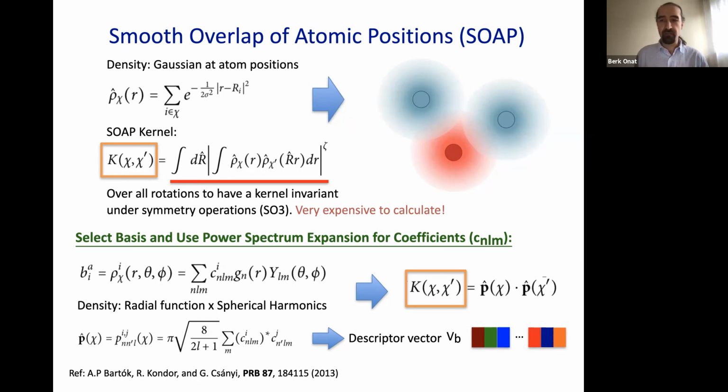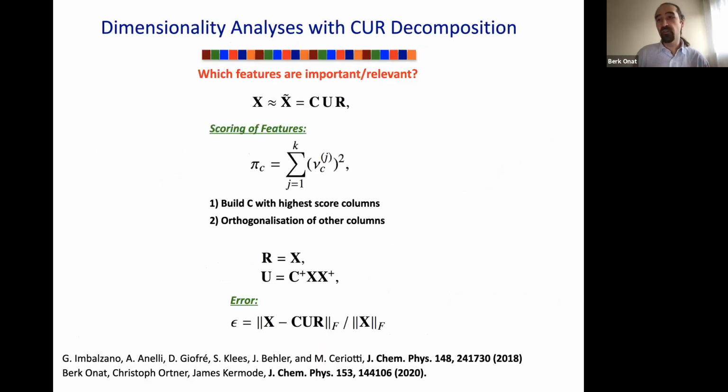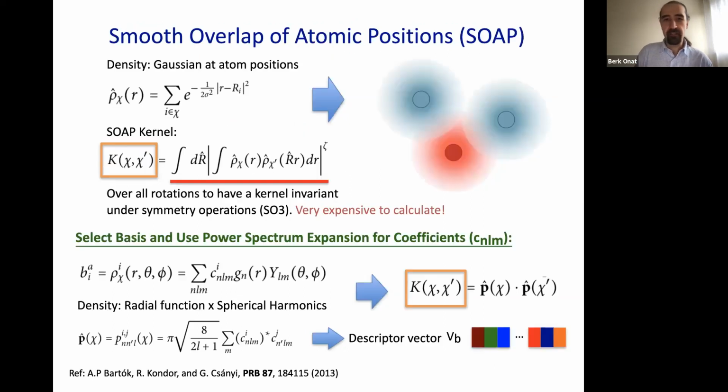So today we will use this p vector, the coefficient vector, as a descriptor vector, and we will build a neural network. So instead of symmetry functions, as you did yesterday, we will use another descriptor to build a neural network on top of it. So the question is, okay, let me go back. We expand the density with the radial basis times the spherical harmonics, right?